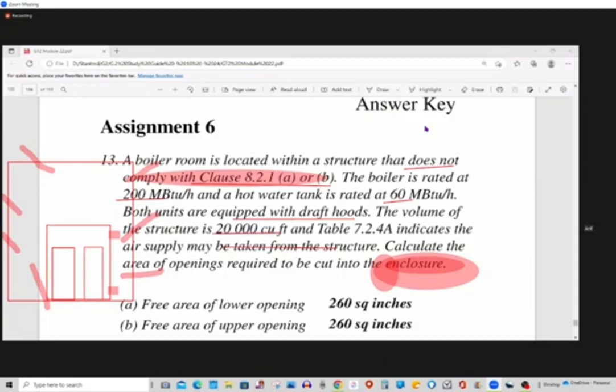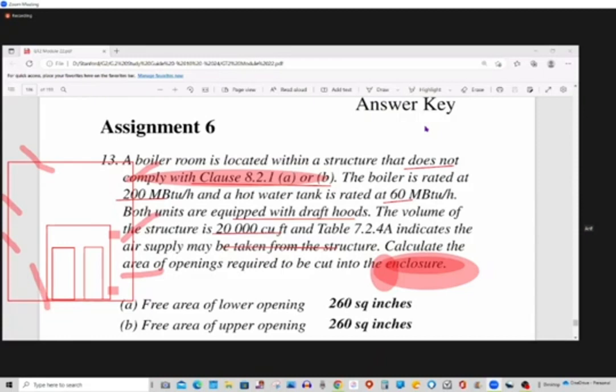But in 8.2.6, we have a special case of the loose house if the appliances are installed in an enclosure like a furnace room enclosure, then you don't need to go to table 8.3 and 8.4. Just add them together and divide by 1,000, and it will give you the inch square.